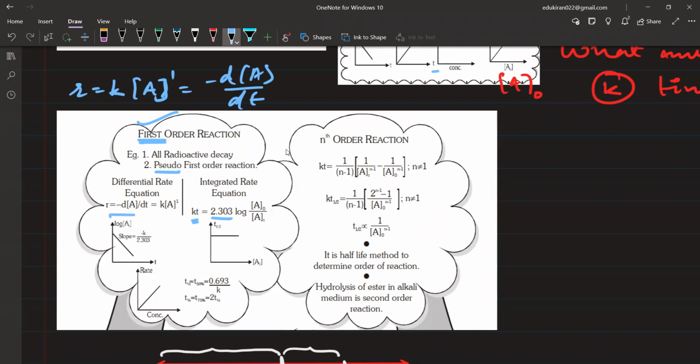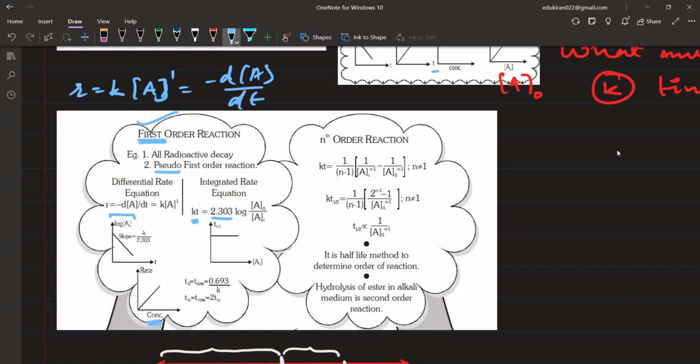So the log of the concentration is going to decrease with respect to time, because as the time increases, the amount of reactant is going to decrease. The slope of this graph, according to y is equal to mx plus c, will become minus k upon 2.303. Okay.